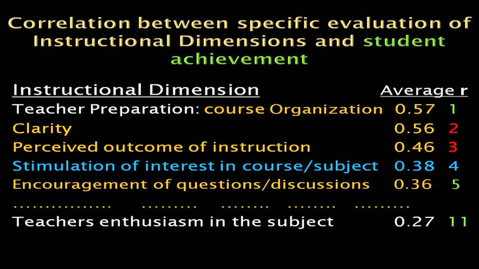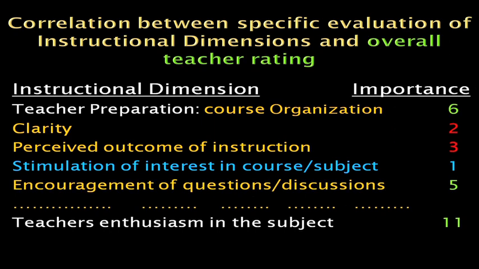But course organization, which was number 1, becomes number 6. Since I am not considering performance as the criterion at that time, course organization does not matter to me. Only clarity, perceived outcome of instruction, and stimulation of interest matter, with stimulation of interest becoming number 1.